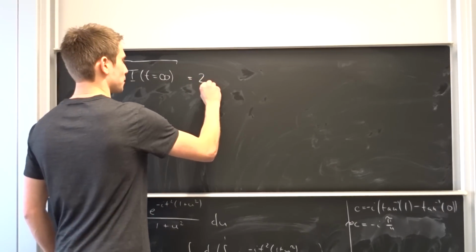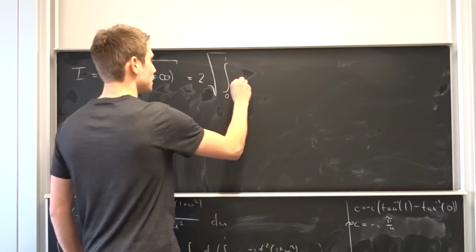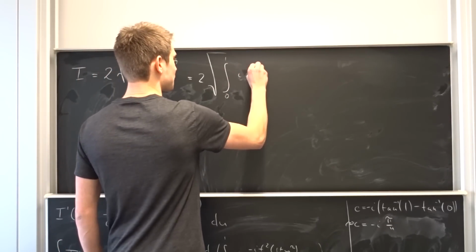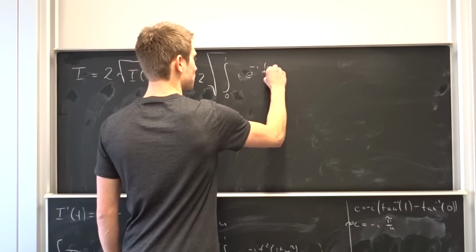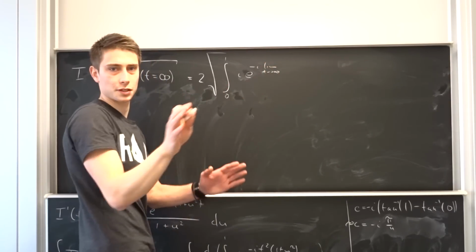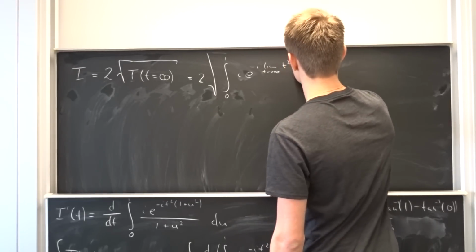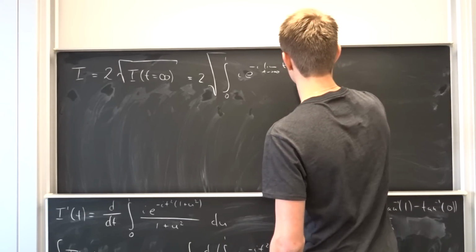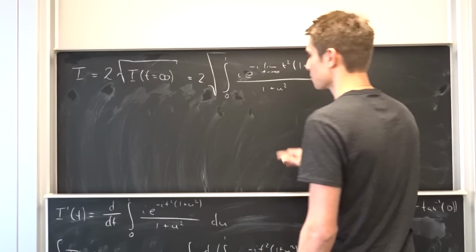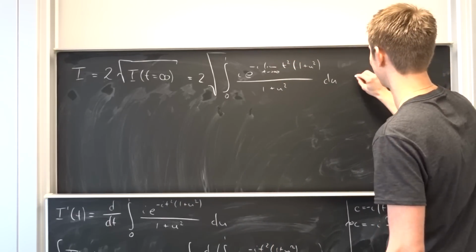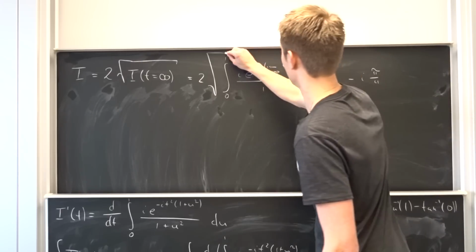So this is 2 times the square root of the integral from 0 to 1 of i times e to the minus i, and the limit as t approaches infinity, of t squared times 1 plus u squared over 1 plus u squared times du, that's a real mess, minus i times pi over 4.